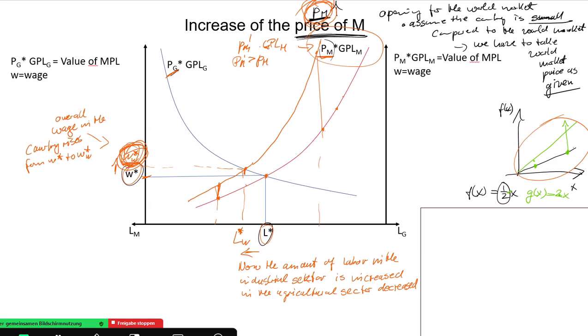So this is the change of wages. But where can we see here in the graphic the change of the price? What represents the change of the price?